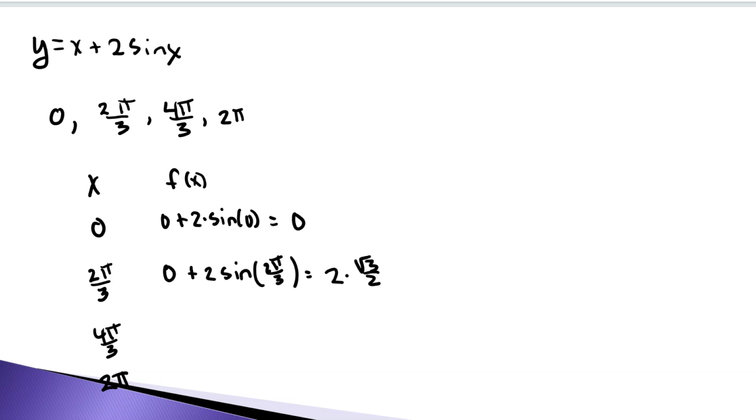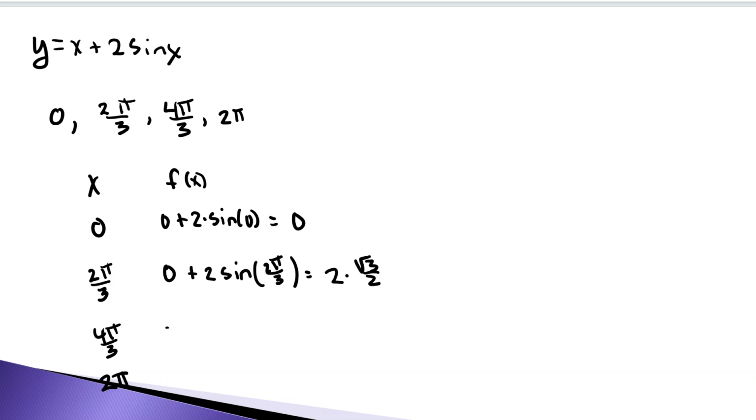Let me double check that. I'm going to just really quickly use my calculator to double check that I am on the right track. 2 times sine of 2 pi divided by 3, and actually, let me take that 2 out. Yes, 2 times root 3 over 2.